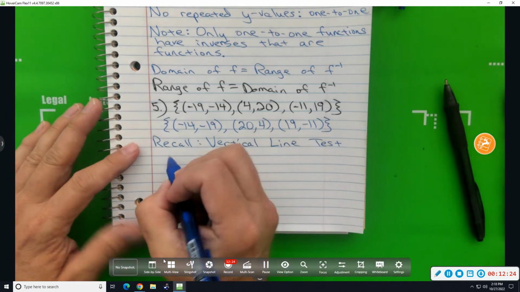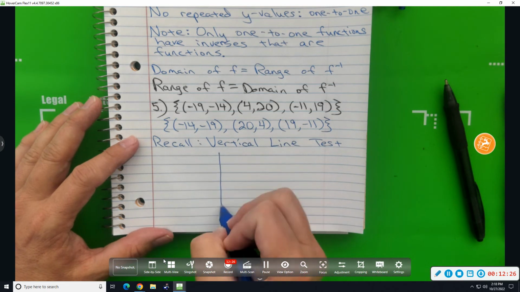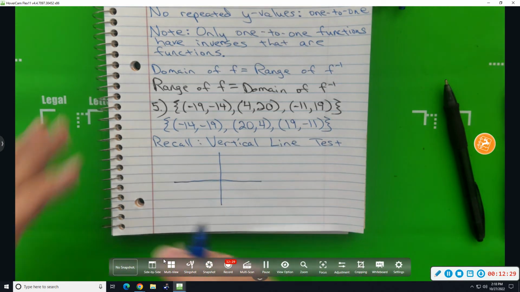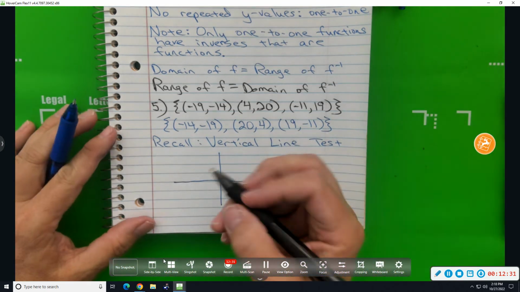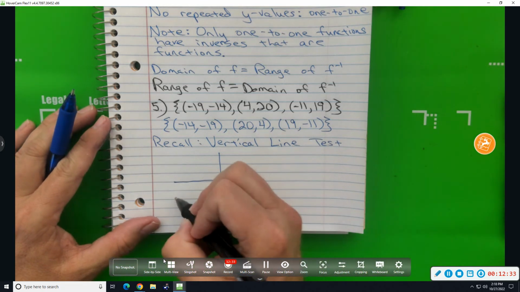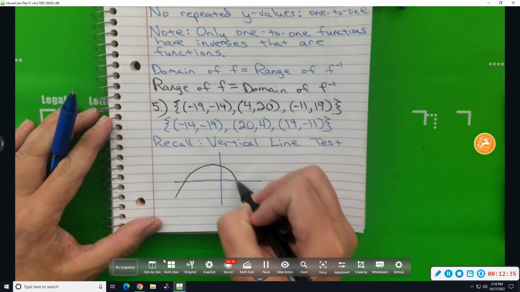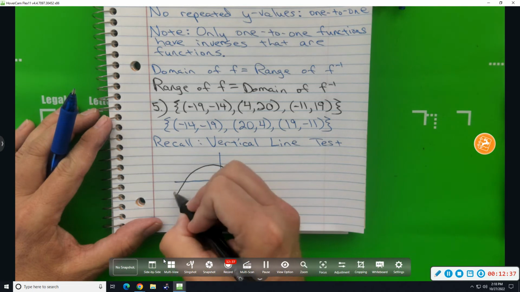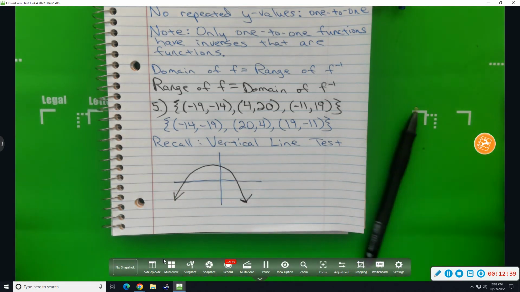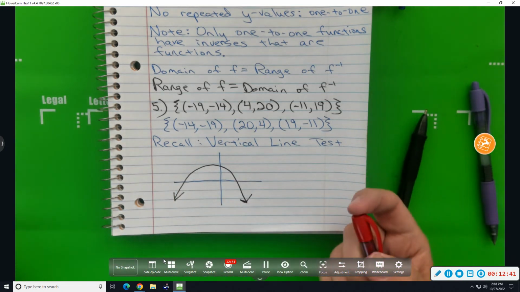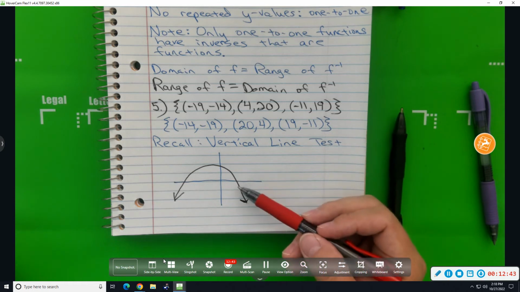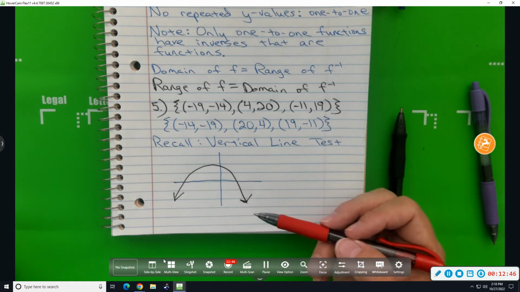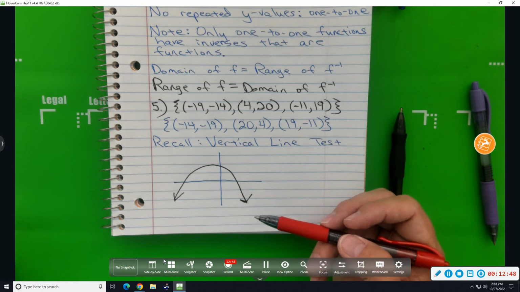It said that if you have a graph of some expression and you're wondering, is that thing a function? If you can draw a vertical line so that it passes through this graph in more than one spot, 2 or more spots, the thing isn't a function.